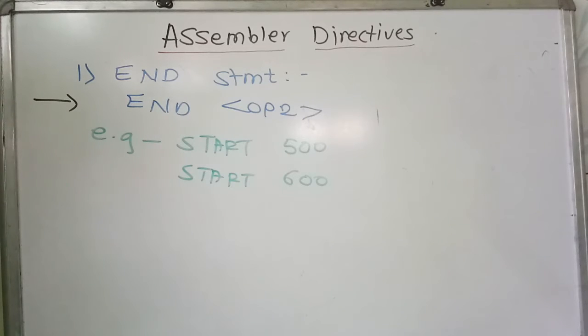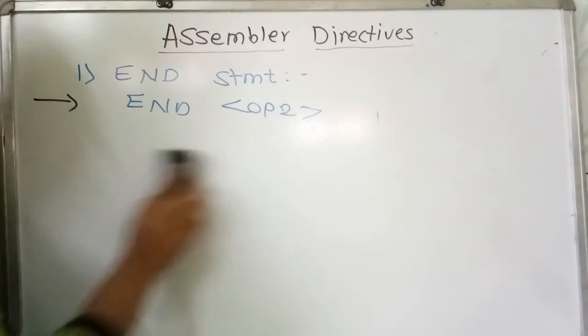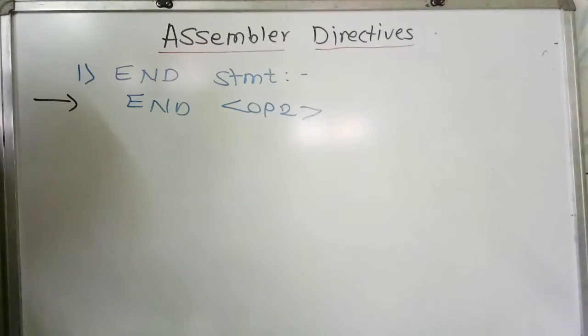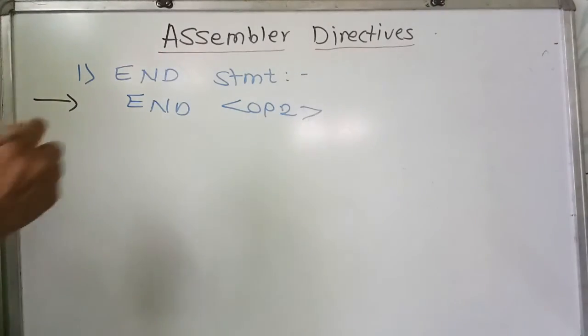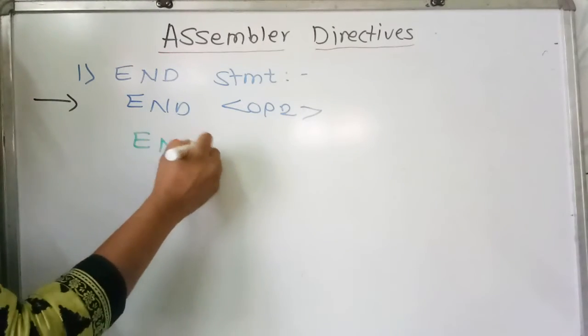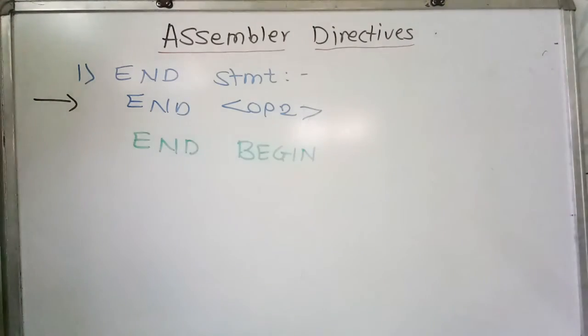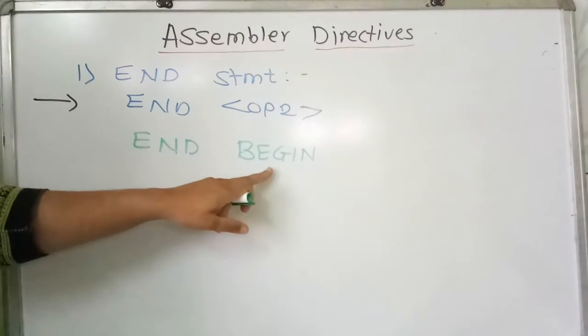Means, for example, this gives us the idea about from where we have to start after this program completion. For example, we write end, and then we write begin. Then the execution control should transfer to the label begin in the target program.